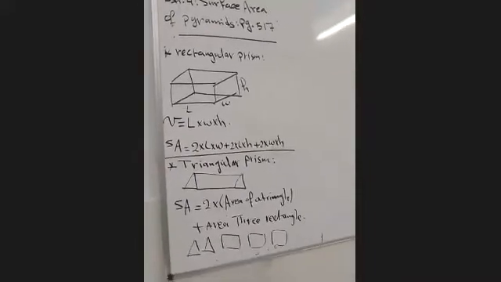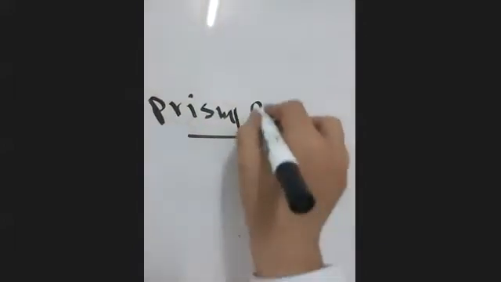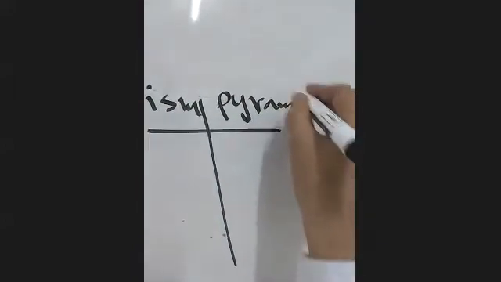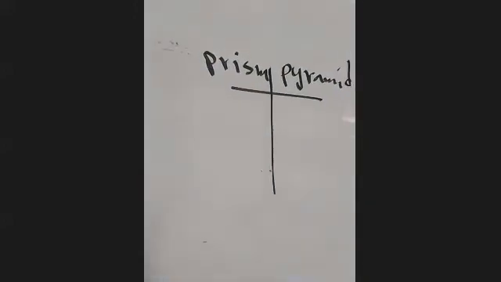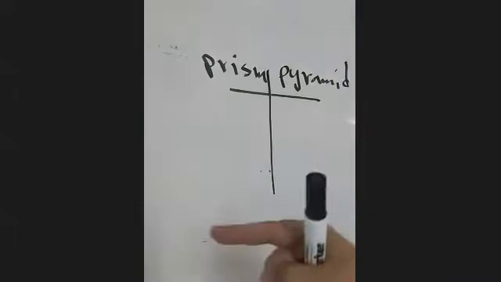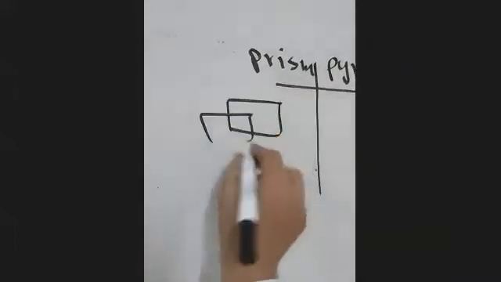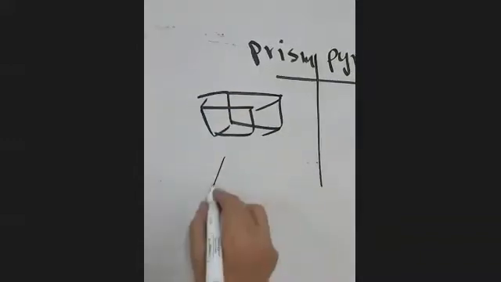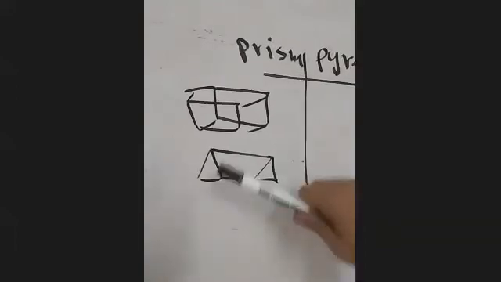In general, guys, don't forget that, we have 2 types of solid figures. We have a prism and we have a pyramid. In the prism, we have 2 bases and the sides are rectangles, like the rectangular prism and the triangular prism.